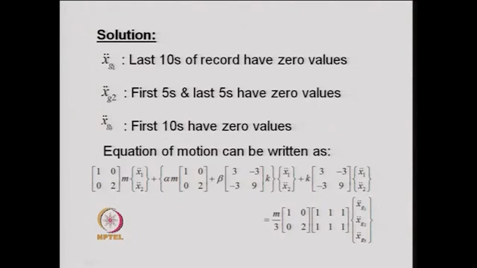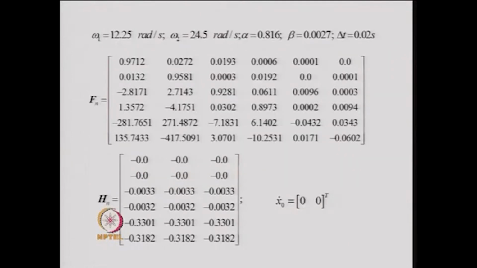Now, with this particular equation, we put in the values of x double dot g1, x double dot g2 and x double dot g3 in time from the different records that we have obtained, and these records are used for solving the problem in time domain using Newmark's beta method.